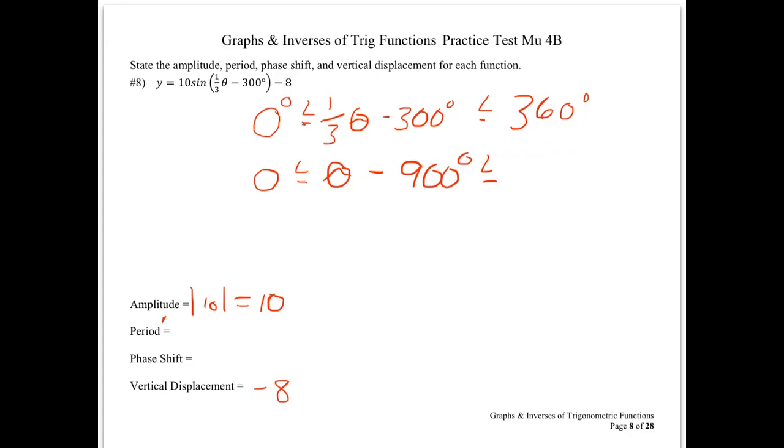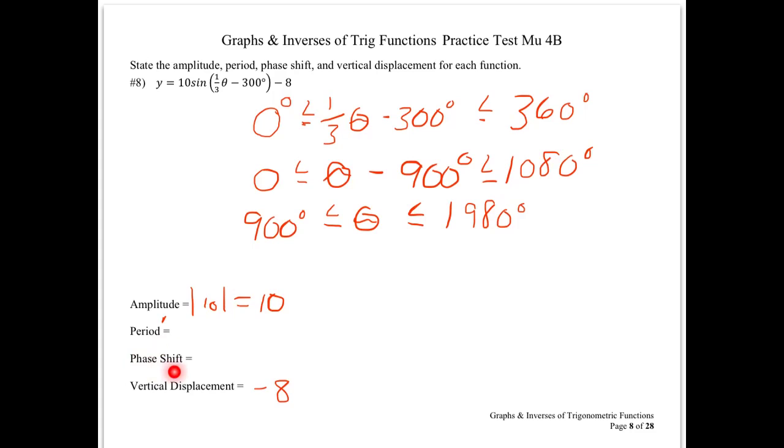And then 360 times 3 is 1,080. Then to get theta by itself completely, I'm going to add 900 to the left, the middle, and the right. So I get 900 degrees less than or equal to theta, which is less than or equal to 1,980 degrees.